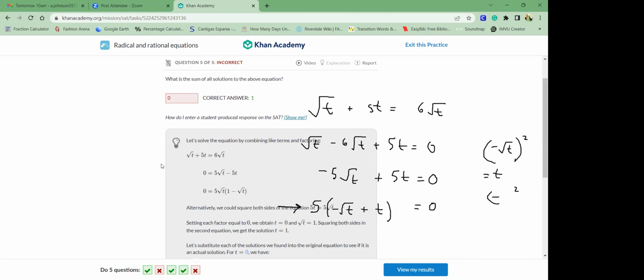All right, let's go back to that line right there. On this line, instead of a 5, they factored out a 5 root t, which is this right here.